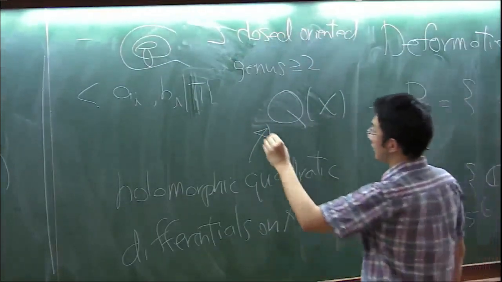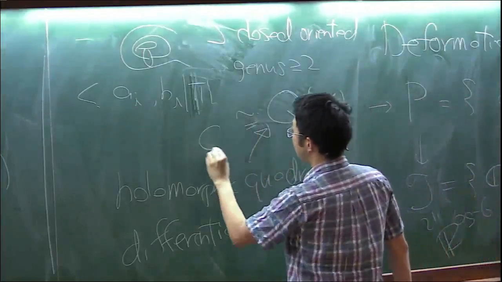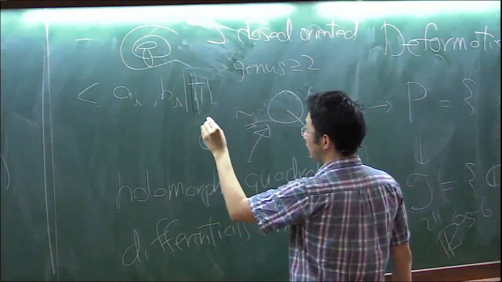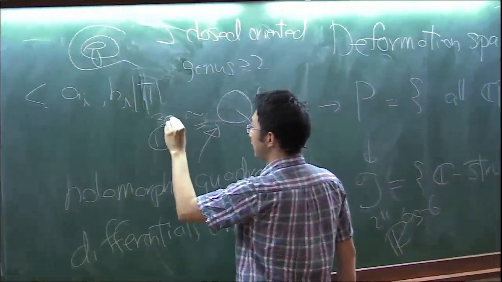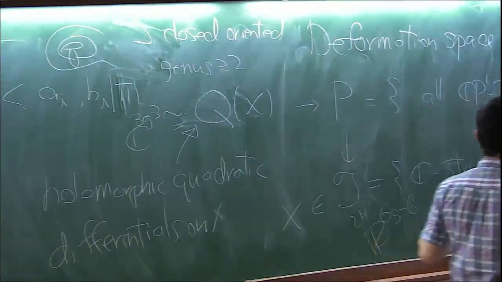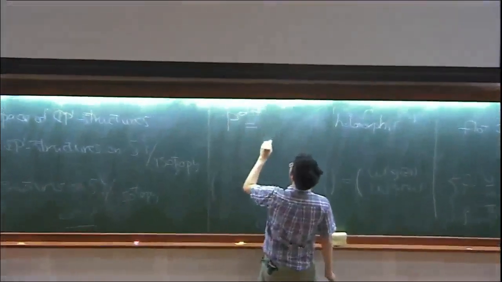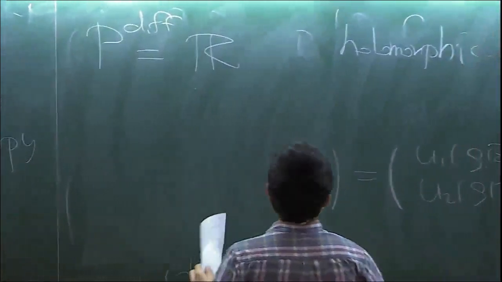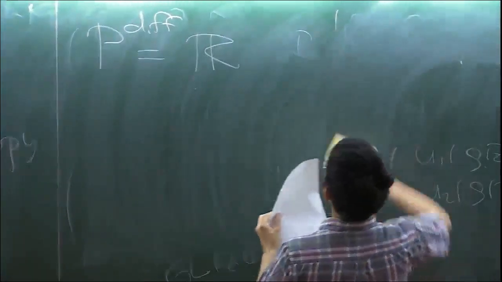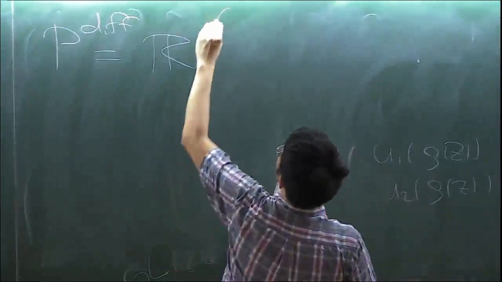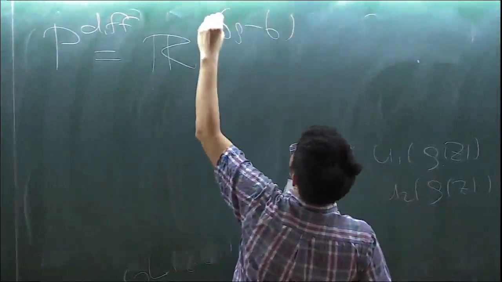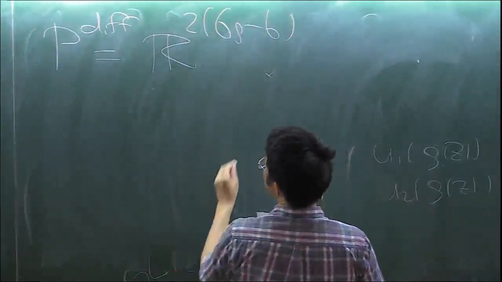And then the fiber is a complex vector space of dimension 3g minus 3. Thus, the deformation space is diffeomorphic to Euclidean space of dimension (6g minus 6) times 2.